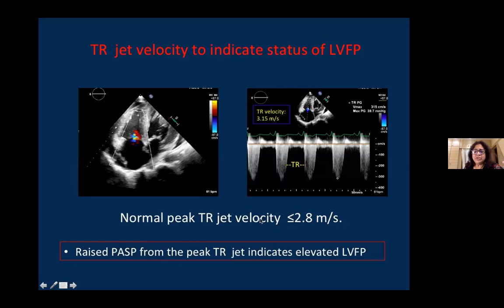Normal peak TR jet velocity should be less than 2.8 meter per second. So this indicates that the patient is having pulmonary hypertension because TR gradient is almost 40 millimeter of mercury. And with that, we add the RA pressure, and we get to know the pulmonary arterial systolic pressure.